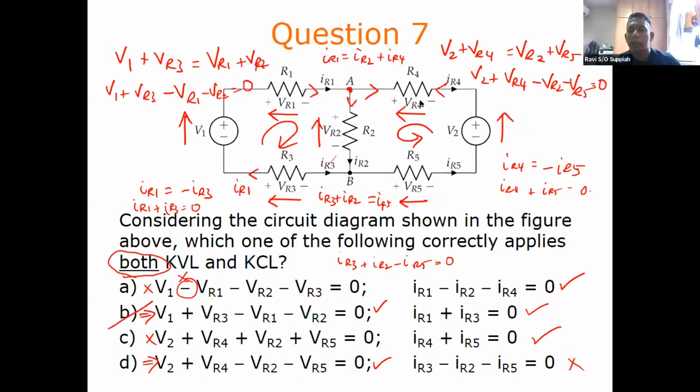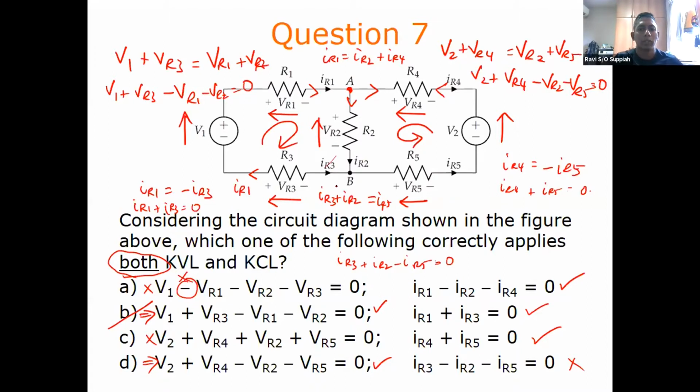Okay, so let me come back to the questions here. Why can we just assume IR1 is... okay, so you can assume IR1 to be the same as... in this case you are having different branches here.